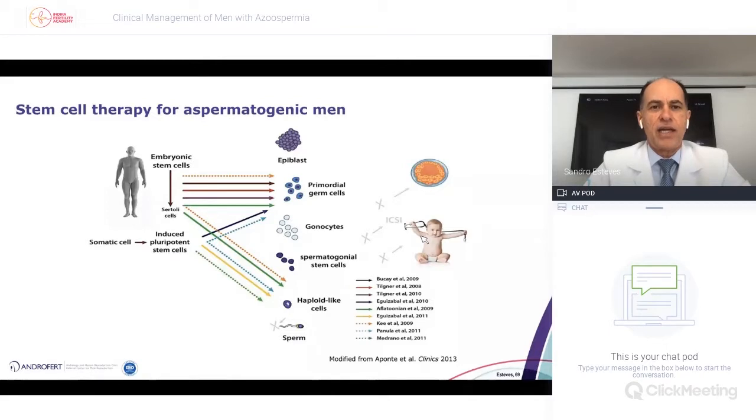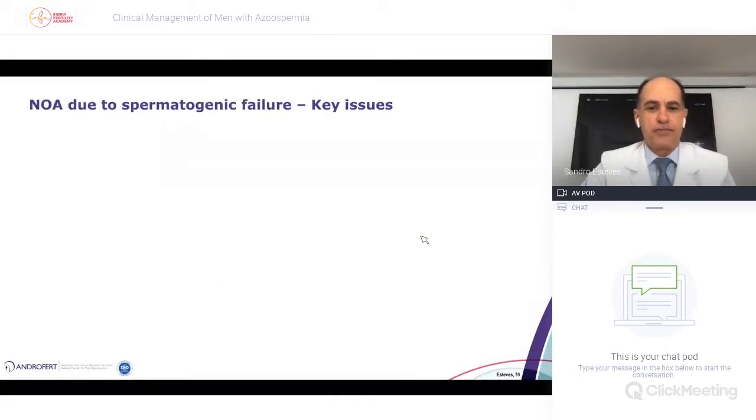So we still need to improve the stem cell therapy to offer hope for men with non-obstructive azoospermia in whom no germ cell, in terms of round spermatid or sperm, was found after sperm retrieval.